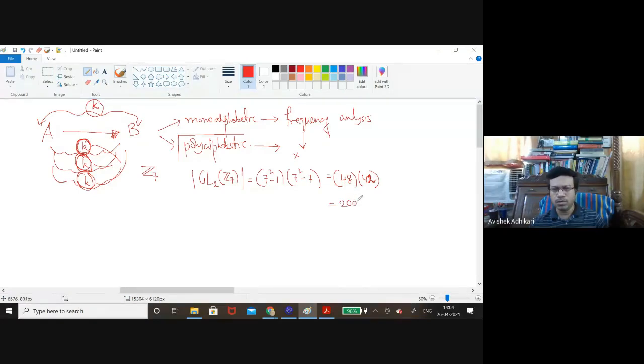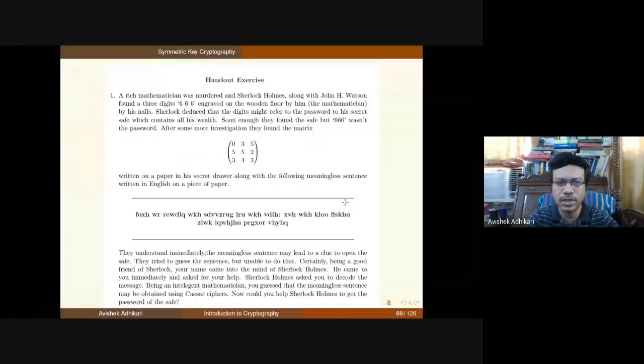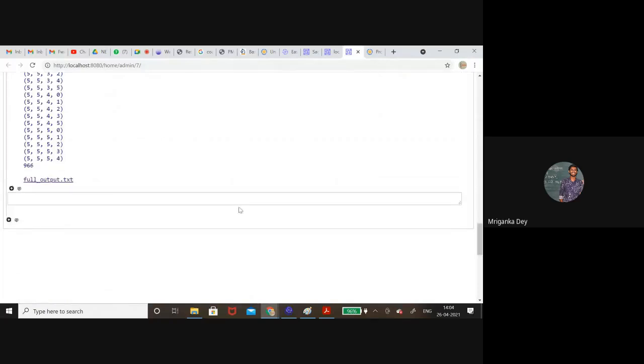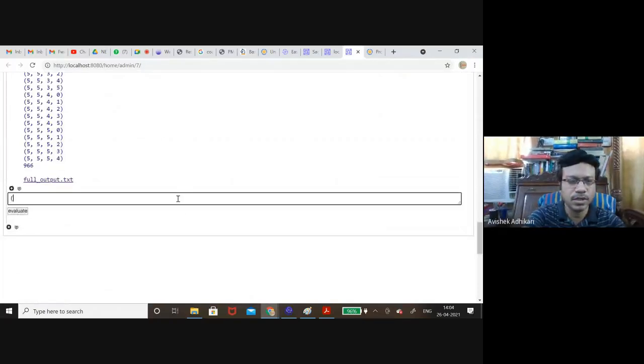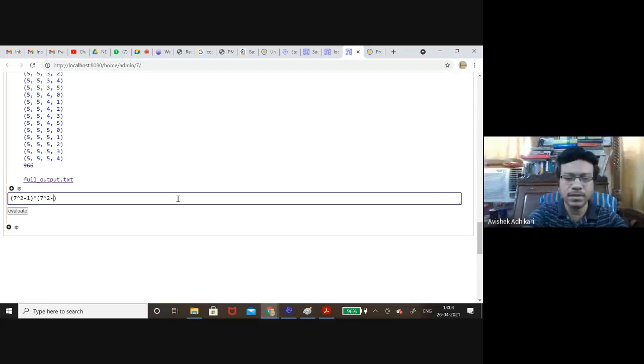It's 2004. Okay, so let's check how this calculates. Okay, 2016, let's see. I'll just check like this: 7 square minus 1, times 7 square minus 7.